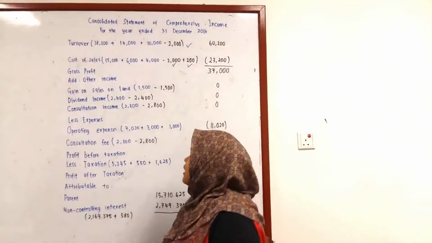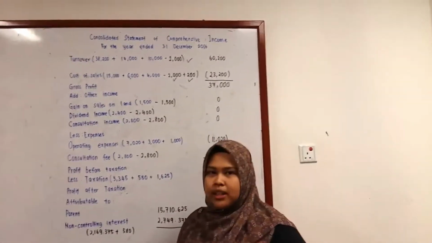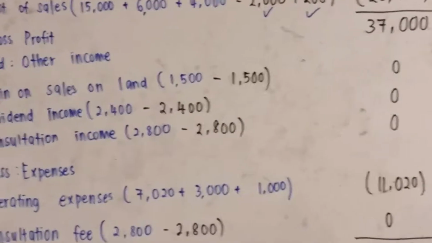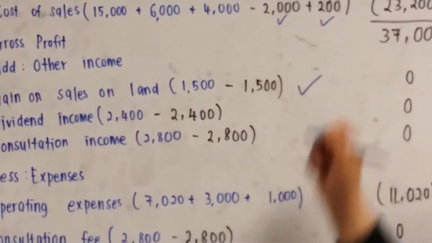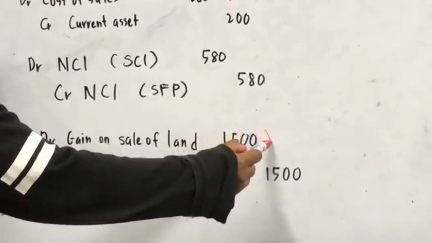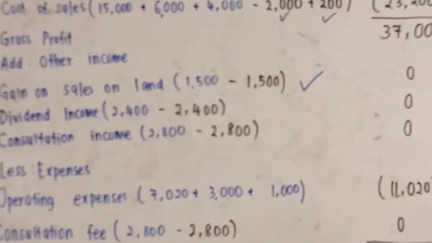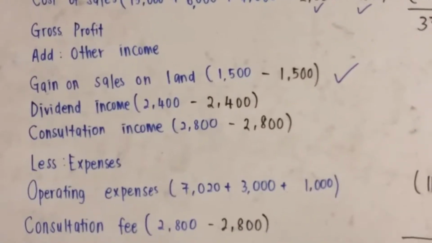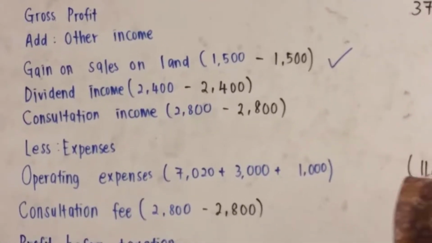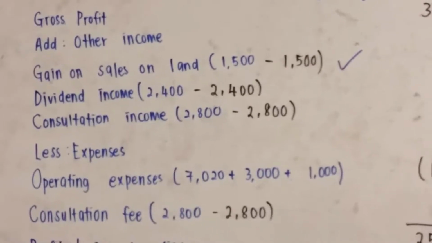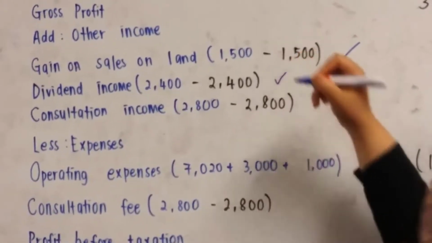So next, gain on sales of land. As we debit in the journal entry of 1,500, so over here we need to minus 1,500. And for the dividend income, in the journal entry we debit dividend income for 2,400, so over here we need to minus 2,400.